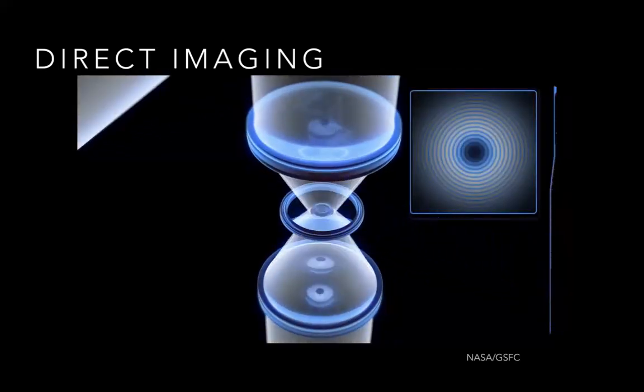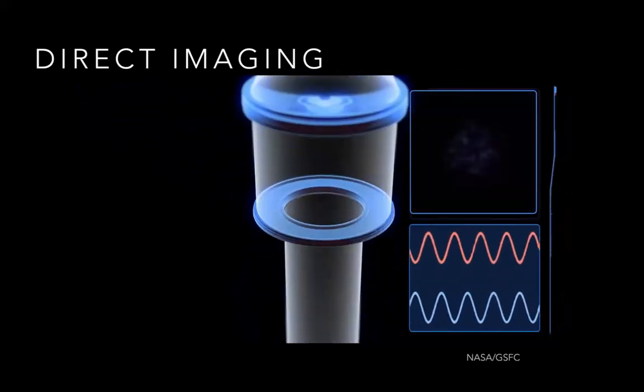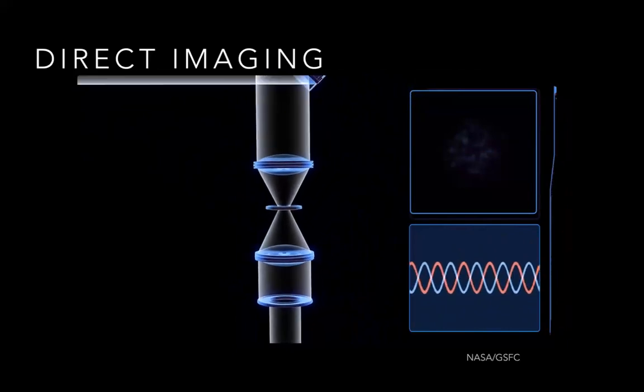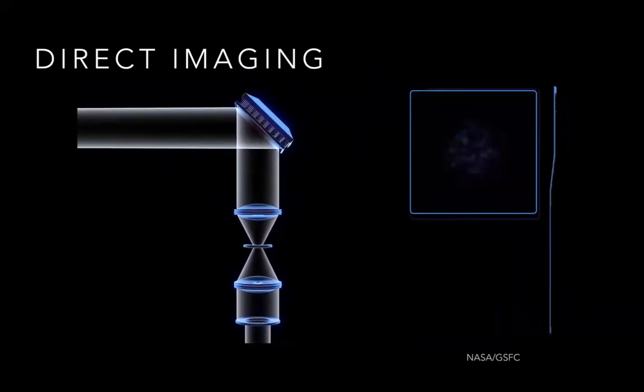Instead, it uses a combination of disks with complex patterns and light-blocking stops to create destructive interference with the star's light, effectively making it disappear while allowing the light from planets to pass through. A complicating factor is that the light picks up small distortions as it reflects off the telescope's series of mirrors, and these distortions can reduce the effectiveness of the destructive interference.